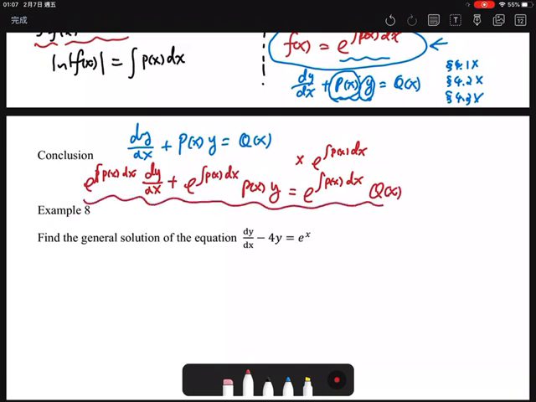Then this equation becomes the type in section 4.2, which means one side can be written as the derivative of a product.